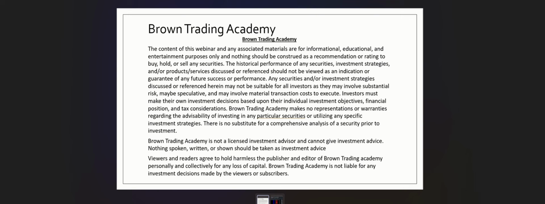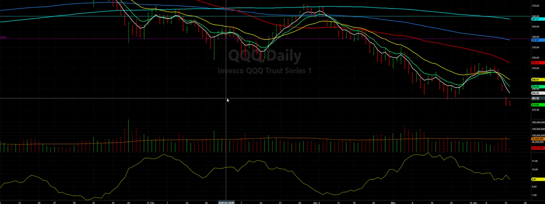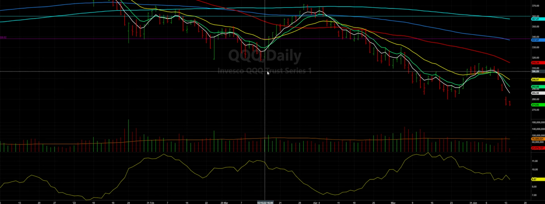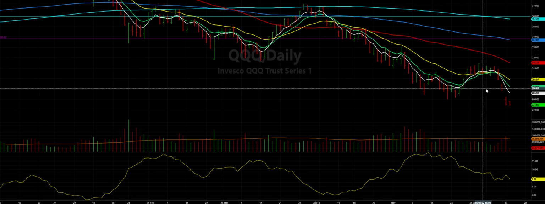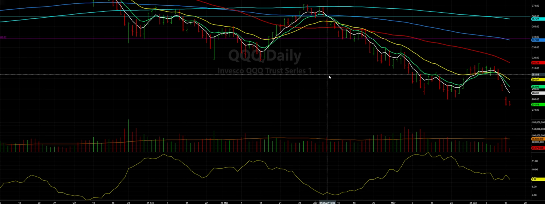Now, this is part 2 of our ETF analysis. Today's date is 6/14/2022, and this is a daily chart you're looking at here of the QQQs.